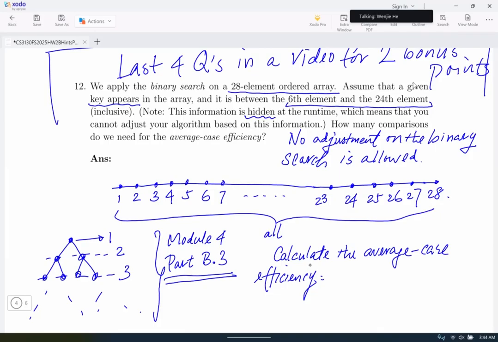So this given condition is useful here: the given key is inclusive in this range.